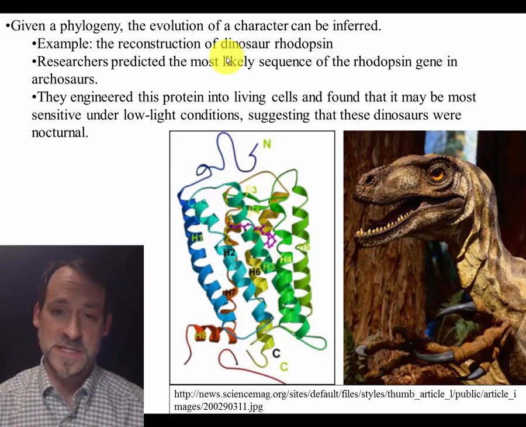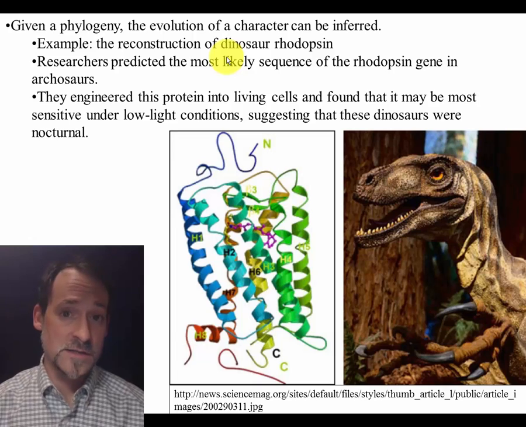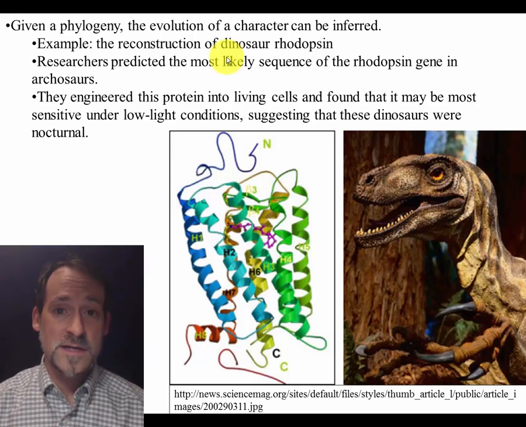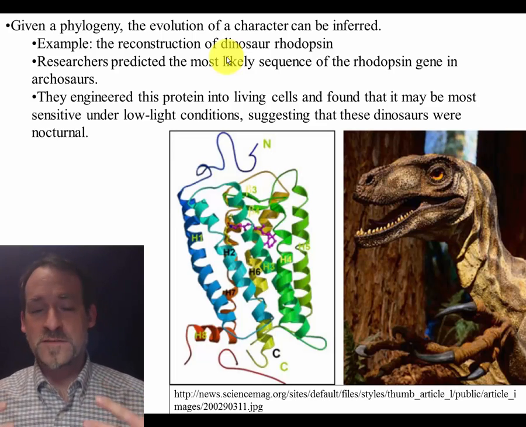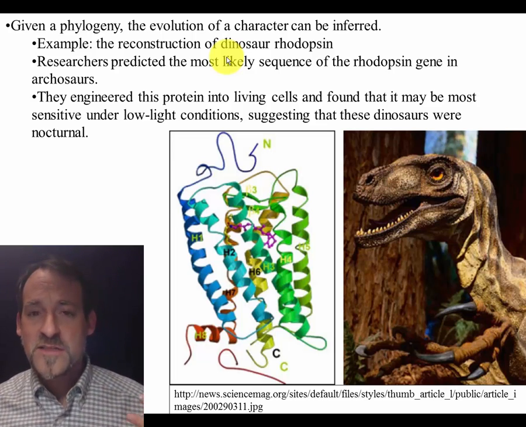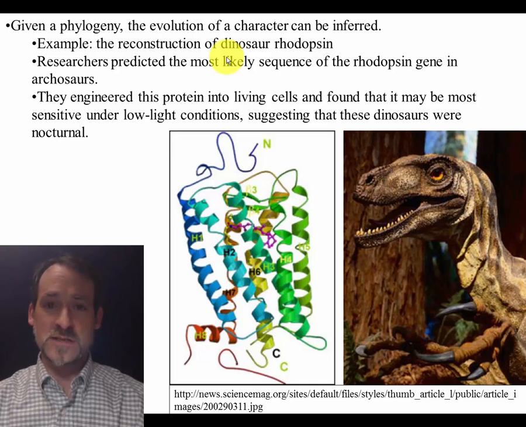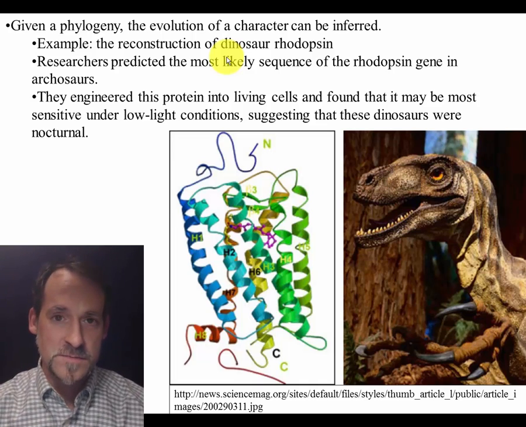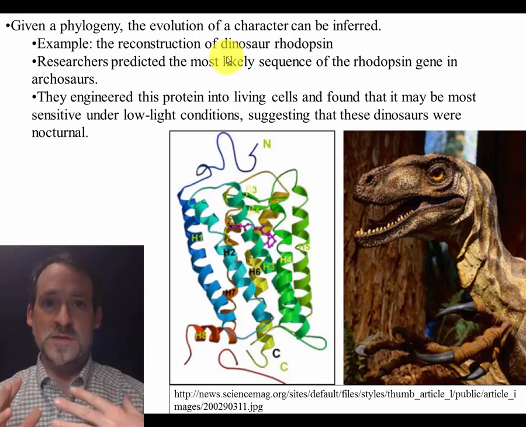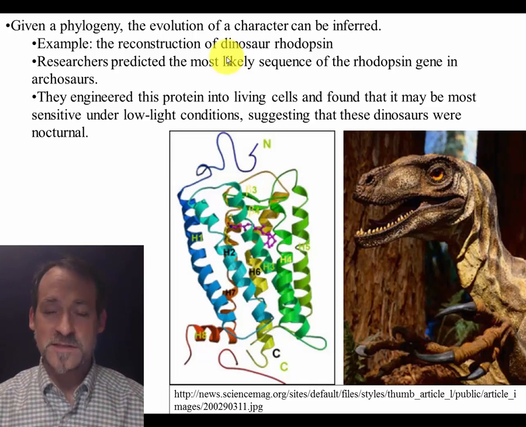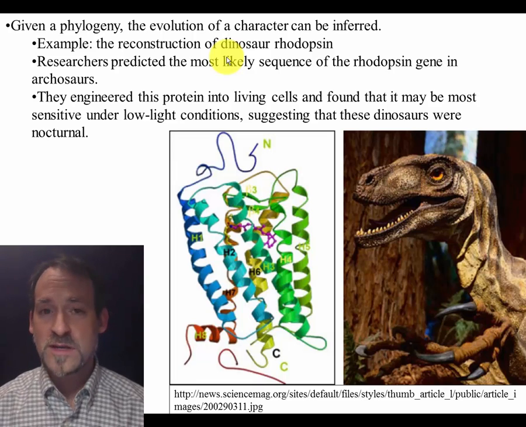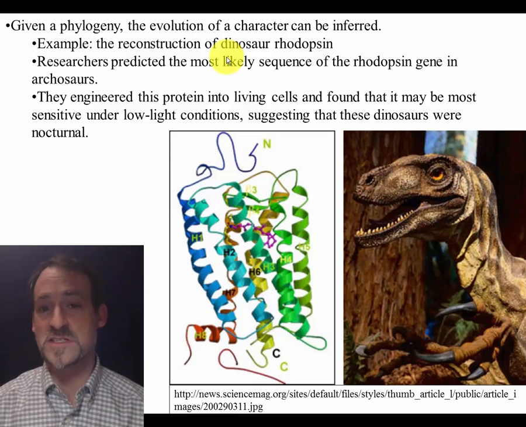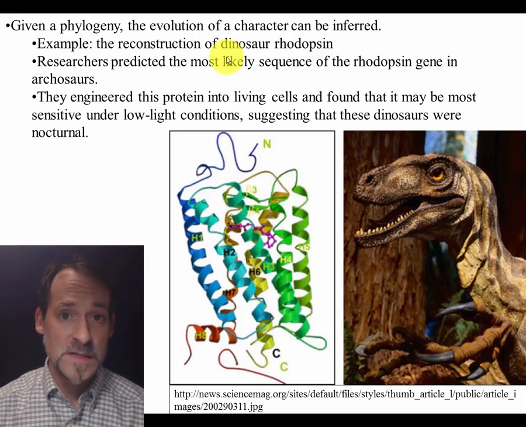The implication being that dinosaurs could see in the dark. Okay, so what scientists basically did is, from the information in living organisms, they reconstructed a gene that has not existed for millions of years. And from the behavior of the protein that's made by that gene, they were able to infer something important about the habits of organisms that have never been seen by any living human.